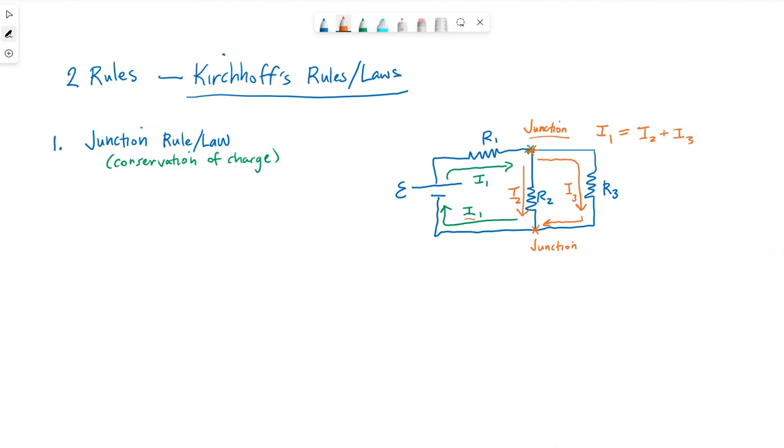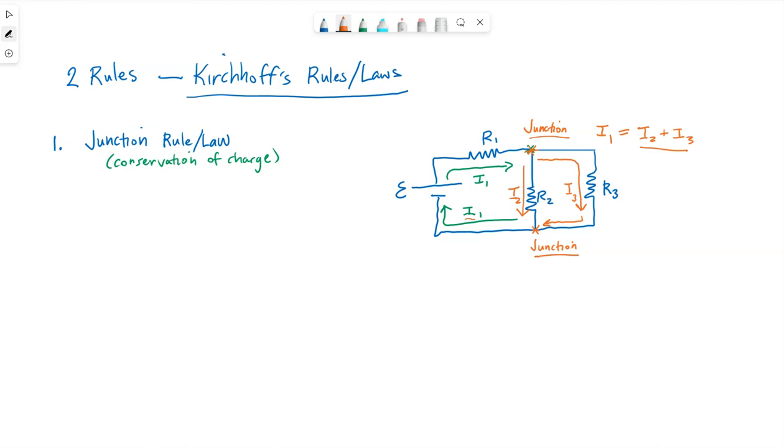So I2 and I3 break off, but they were once together as I1. And so the conservation is I1, this current that is flowing, is still flowing. It's just that some of it went through resistor 2 and the rest went through resistor 3.